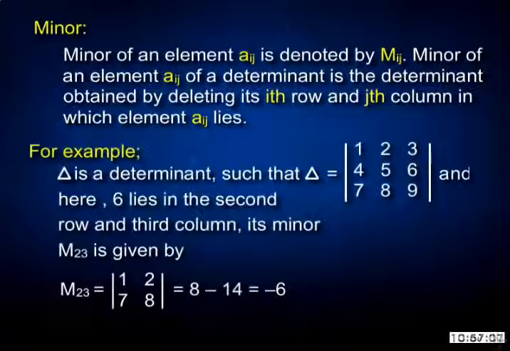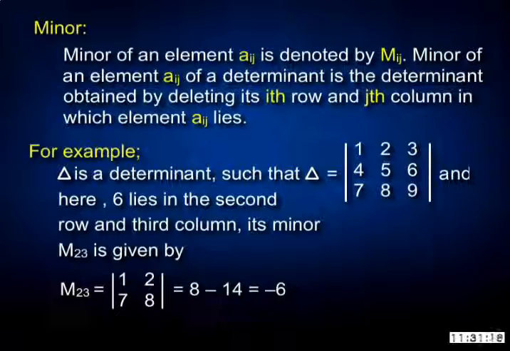For example, delta is the determinant such that delta is equal to determinant containing elements 1, 2 and 3 in the first row, elements 4, 5 and 6 in the second row, and elements 7, 8 and 9 in the third row. Here, as we can see, 6 lies in second row and third column.